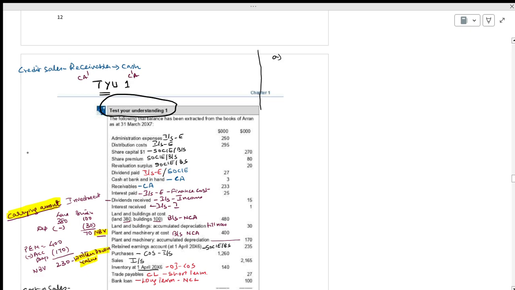First, A: statement of profit or loss of Aaron for the year ending 31st March 2007. Write it down with me separately.